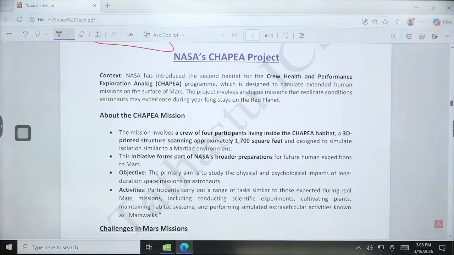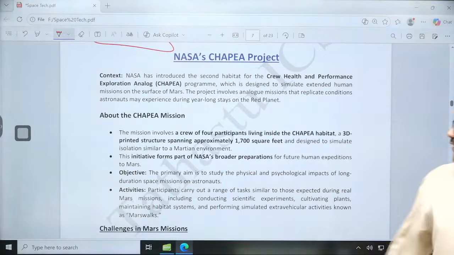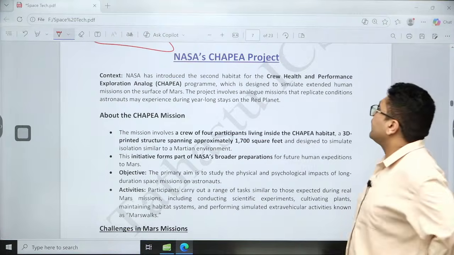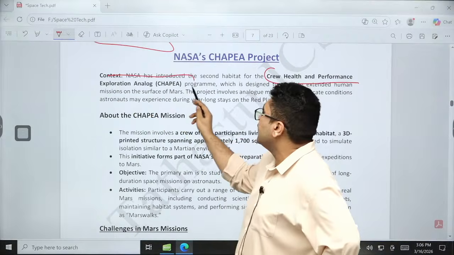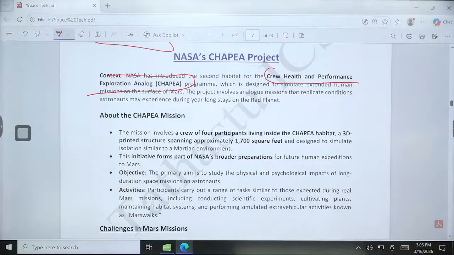Moving ahead with the next article, that is NASA's CHAPEA project. Here it says the full form of CHAPEA is Crew Health and Performance Exploration Analog. Similarly, like India has an analog mission, USA also has.